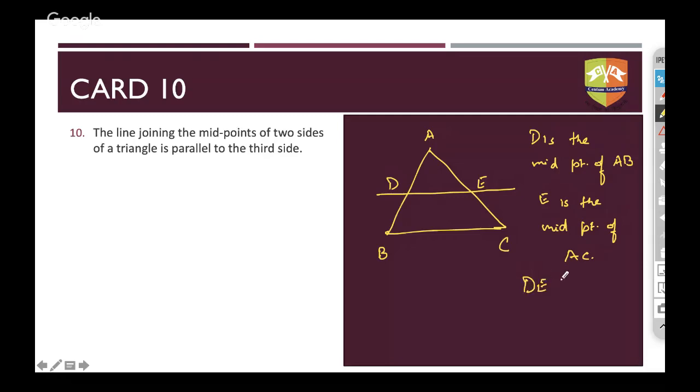Then DE is parallel to BC. Converse of this can be proved by the converse of Thales theorem. How? AD by DB is equal to AE by EC is equal to 1 by 1. So hence, since the ratios are the same, by the converse of Thales theorem, DE will be parallel to BC.